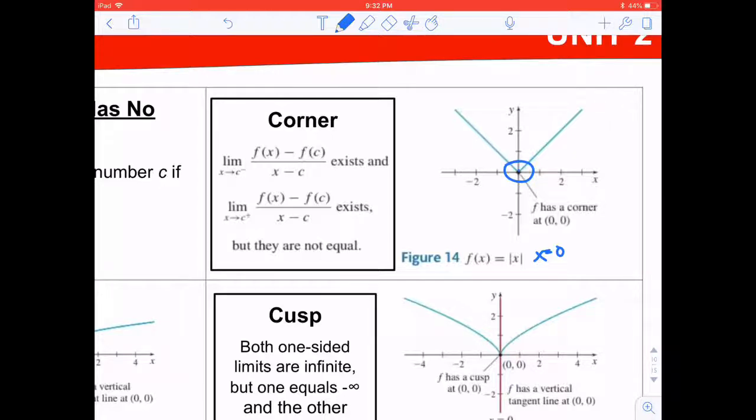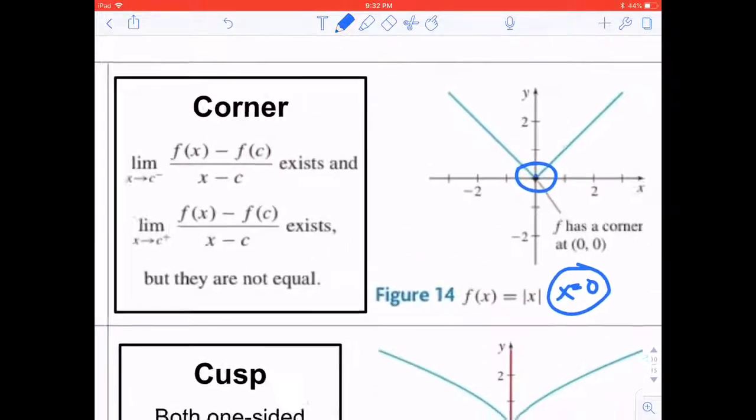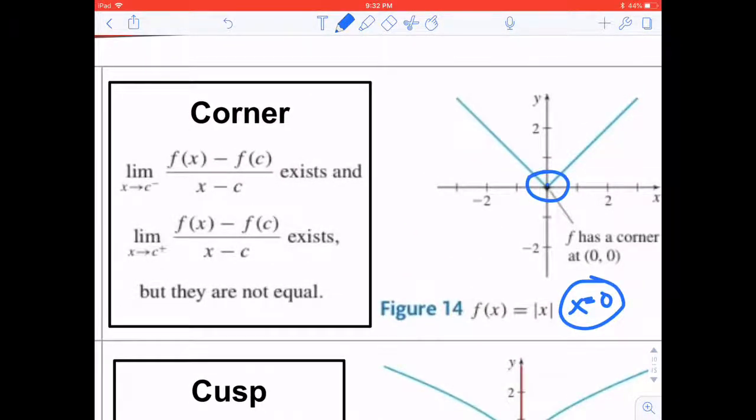And you can see here that we can check this actually whenever we find the limit as x goes to that c value, in this case as x goes to 0, from the left side of this function. So I'm going to go ahead and set this up, and then maybe you can try this on your own. We're not going to go through what the limit actually is, but you would want to check the limit as x goes to 0 from the left of f of x, which is, in this case, absolute value of x, minus f of c.